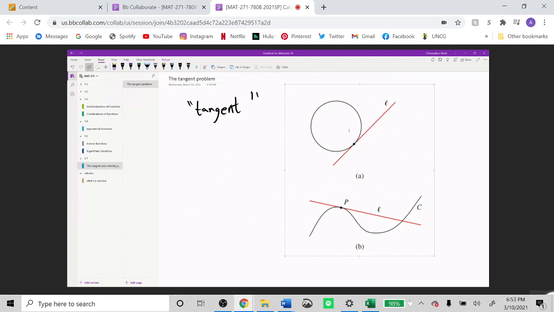So our definition of a tangent can no longer simply be that the line only intersects the curve at one point, because this line is touching this curve ostensibly at exactly one point, right? The idea here was to have this line touch this curve at one point. However, because the curve goes upwards, it has to intersect it twice here. Does that make sense? Am I talking nonsense? Okay. Sometimes I get real scared.